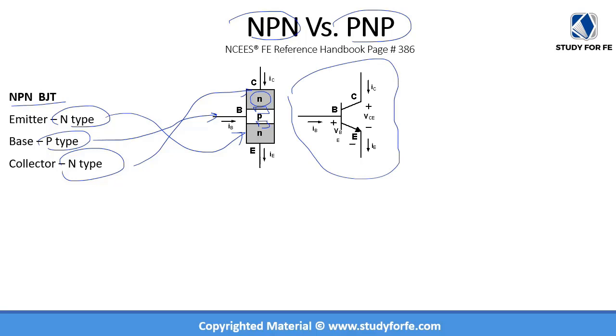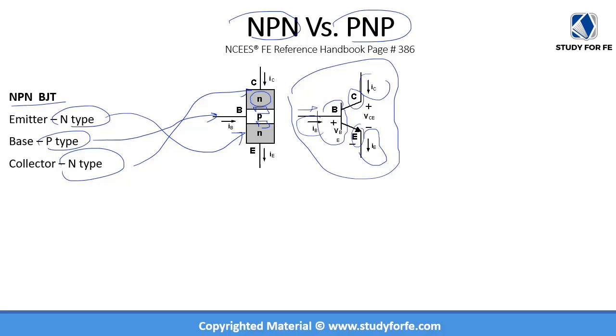I'll explain the direction of these currents, but for now, you can see that it is shown by this symbol where this side, the plain side, is the base. The side with the arrow is the emitter, and the other side is the collector. In terms of the direction of the current, the emitter current is pointing away from the arrow... the collector current is pointing towards the emitter, and the base current is actually entering into the base.